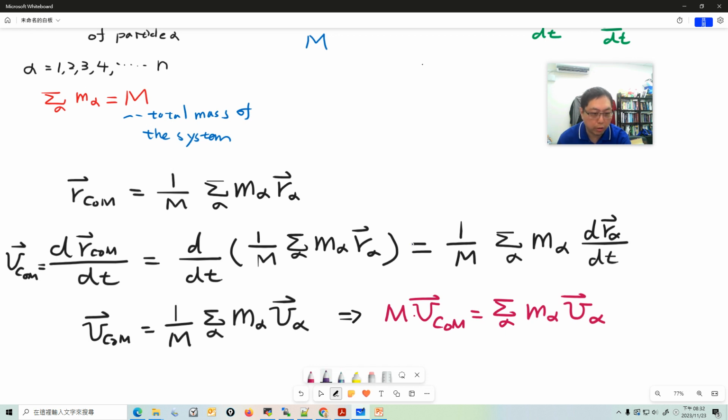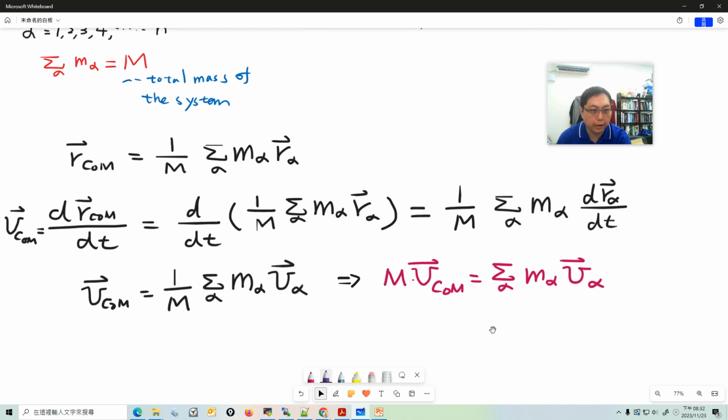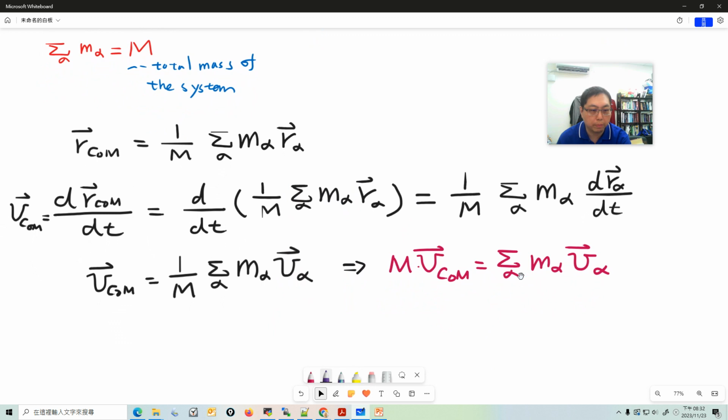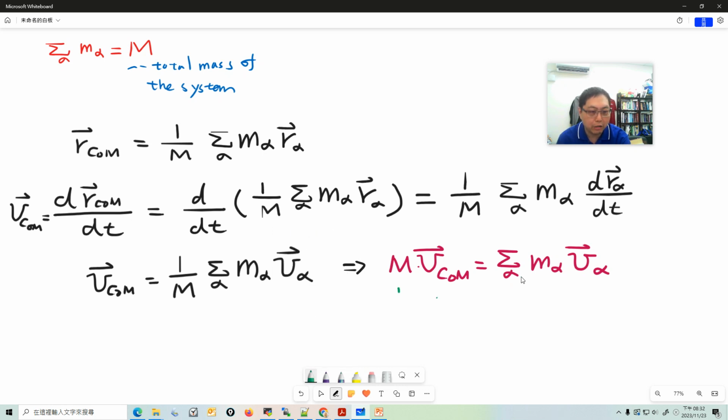So what does this equation mean? Let's look at it. The left-hand side is the momentum of the center of mass, the momentum of the COM.